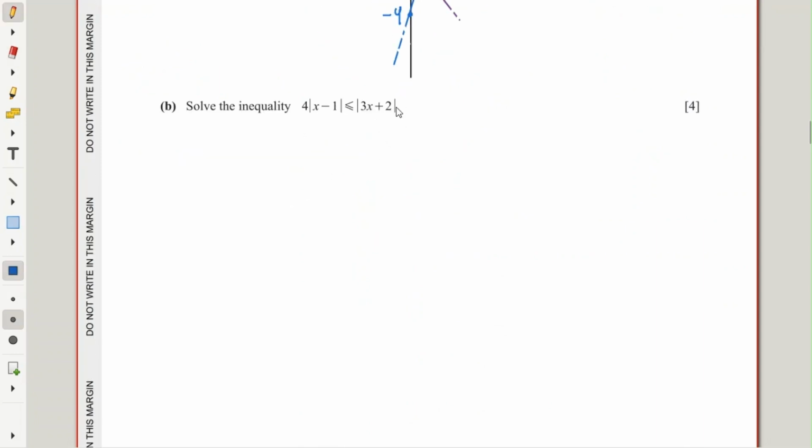Now we are supposed to solve this inequality. We have already established that the first one can be written as this. Now I'm going to introduce the equation sign. When I finish, then I convert it to the inequality form. Okay. So here you just write your normal expression. Don't change anything. Just write the normal expression.